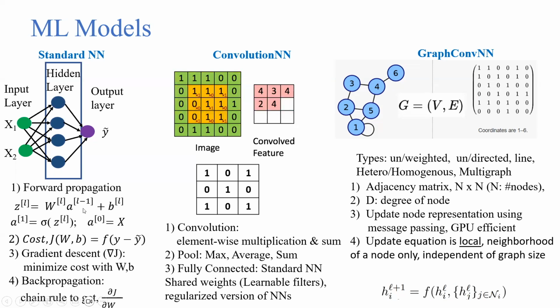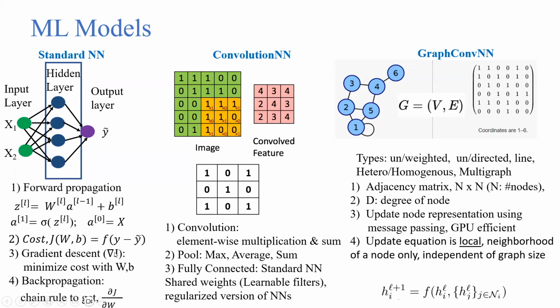You can have multiple layers, L1, L2, L3, and once we get that Z, we apply a nonlinear activation function, sigma, to get the nonlinearity in the model. And once we have that, we can get Y tilde, which is the output.